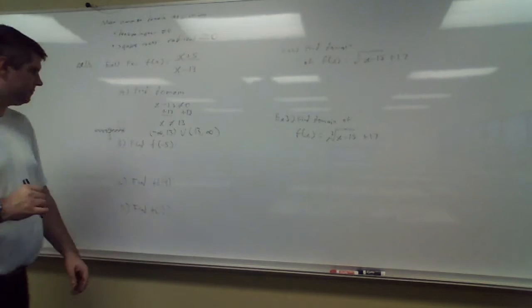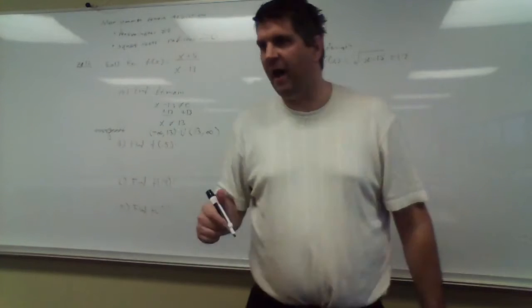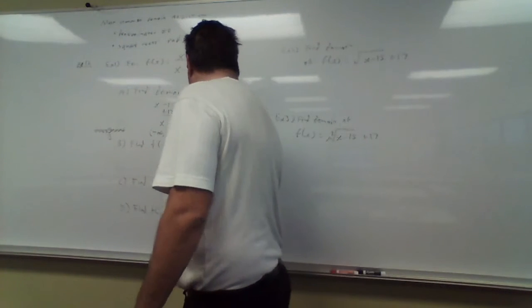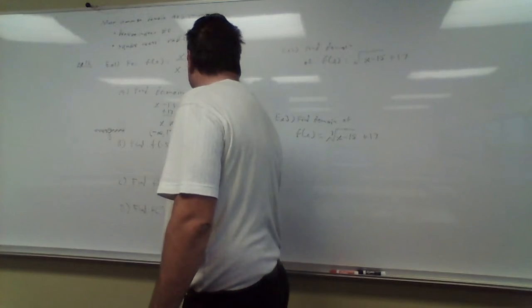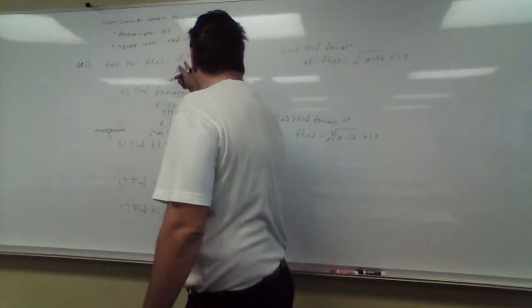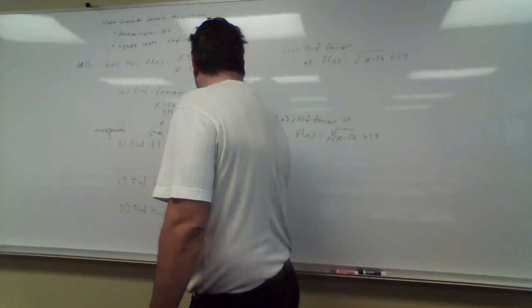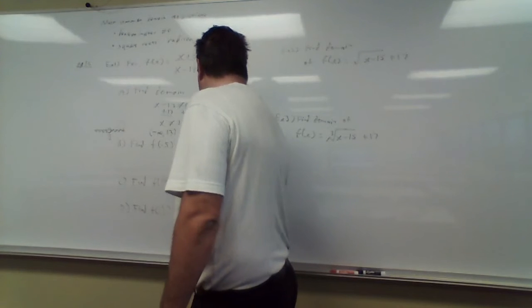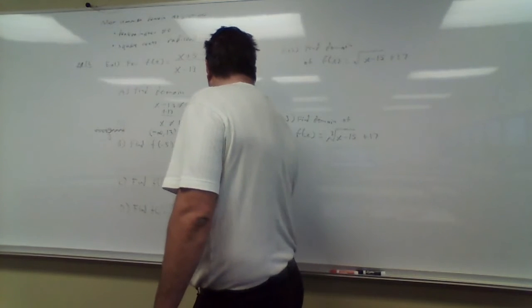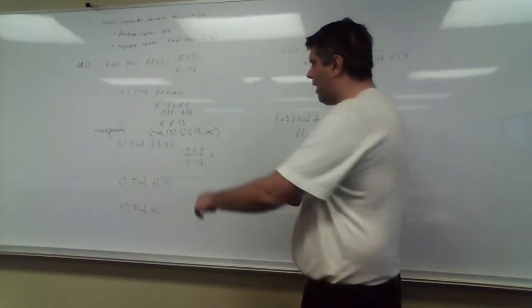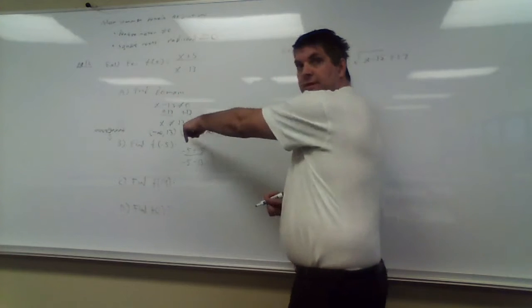Okay. Find f of negative 5. Well, f of negative 5 would be negative 5 plus 5 over negative 5 minus 13. So if we're finding the function value, we're actually going to plug them in to everything.